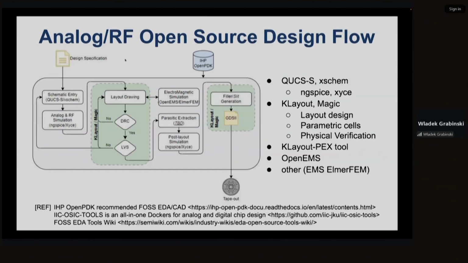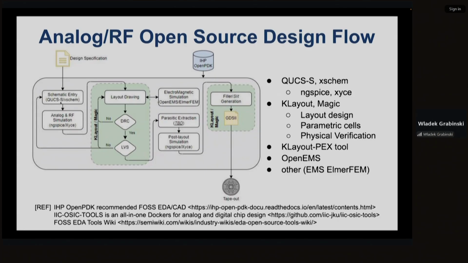The analog RF design flow is not fully automated. We have a subset of open source design tools. For the IHP OpenPDK, we are recommending Qucs-S as an alternative to eSim for schematic entry.